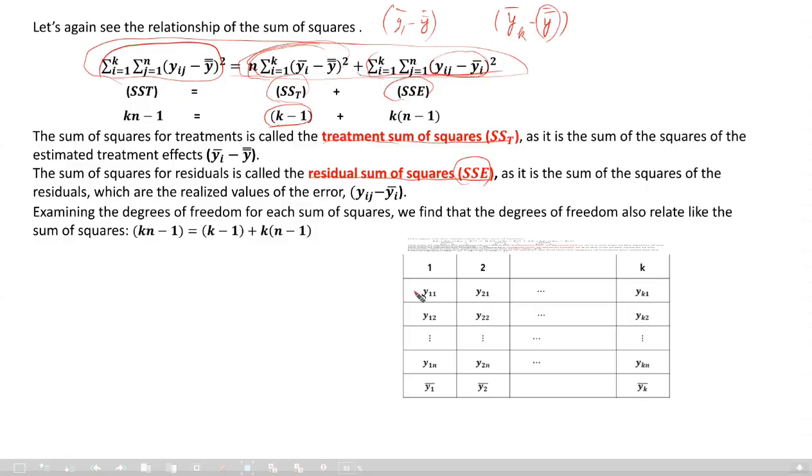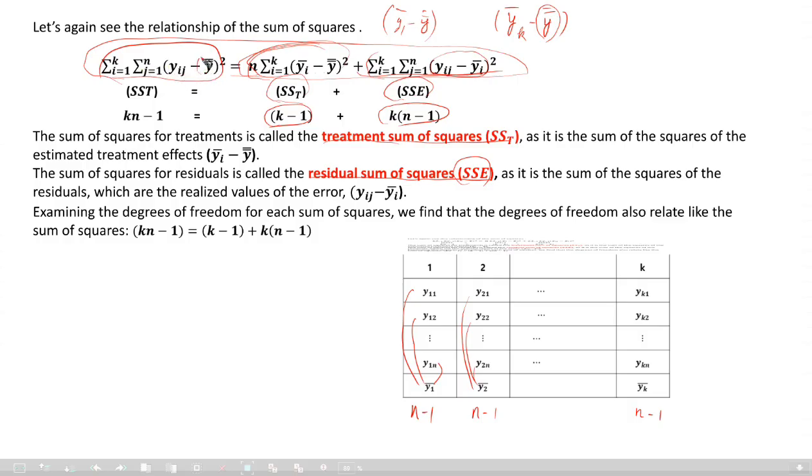And how many degrees of freedom here? See here, this one is the residual. How many degrees of freedom? n minus 1, n minus 1, n minus 1, for each of k groups. They are k times (n minus 1) degrees of freedom. How about this one, the total sum of squares? They are kn many yij minus y double bar, right?